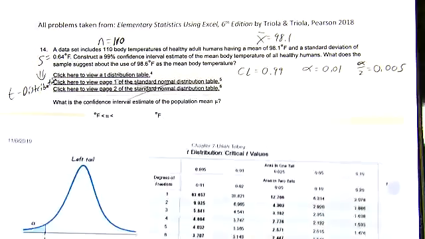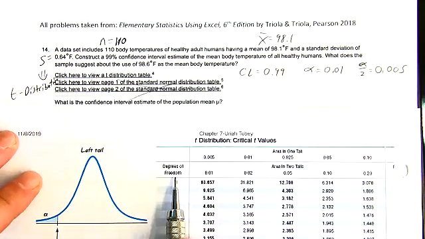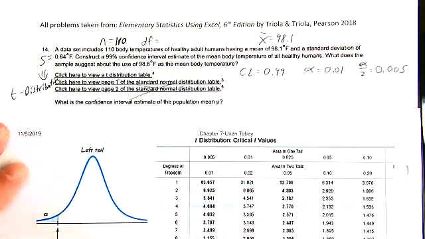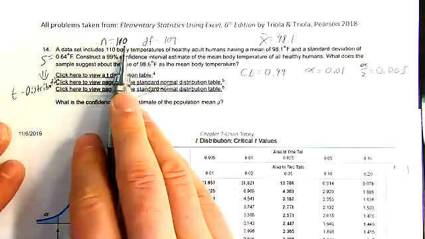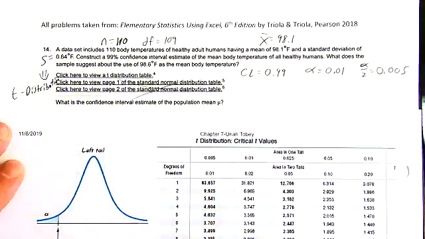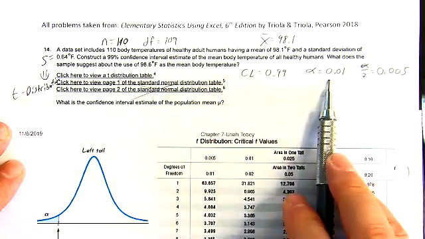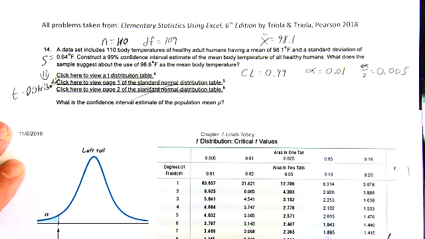Okay, so here we are again. Now we know, oh, we forgot to do one thing. To use this table, we need to know the degrees of freedom. So that would be what? 109. So degrees of freedom is just one less than the n. So we're looking up 109, an alpha of 0.01, alpha over 2 of 0.005.